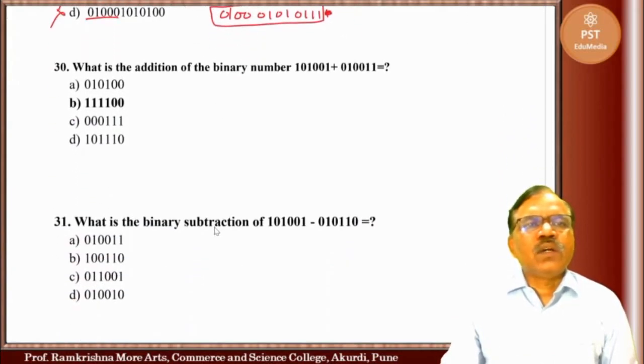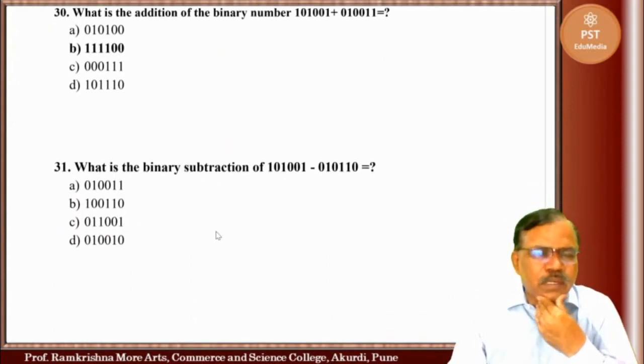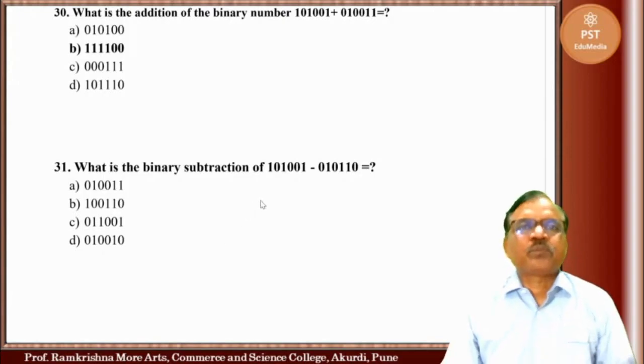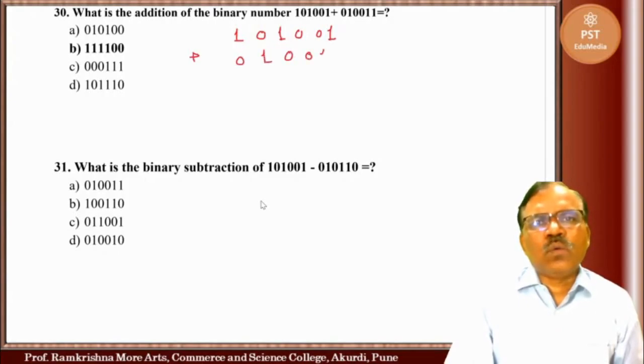Now next one, what is the binary addition? Addition of the binary numbers 101001 plus 010011. So here the first number is 101001 plus the second number is 010011, and then we add.